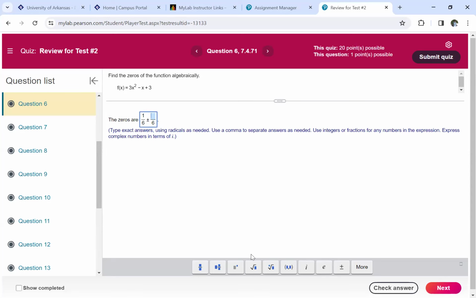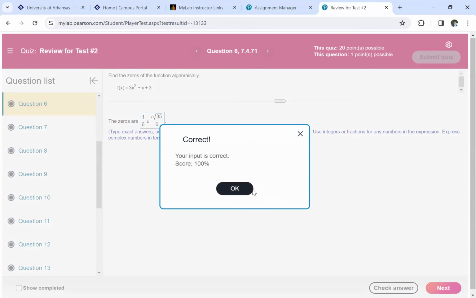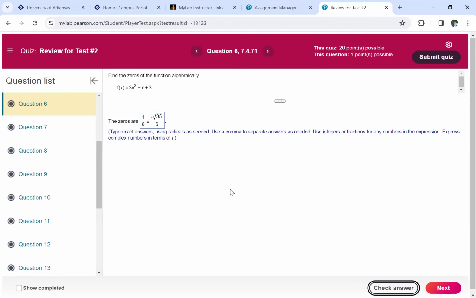Because sometimes it's hard for y'all to put this stuff in. But yeah, if you accidentally put it under the radical instead of getting it on the outside, I would override that for y'all. So what you want to do on this test, if you're missing stuff, look at the ones you missed, because I give you the option to look at it when you're done.